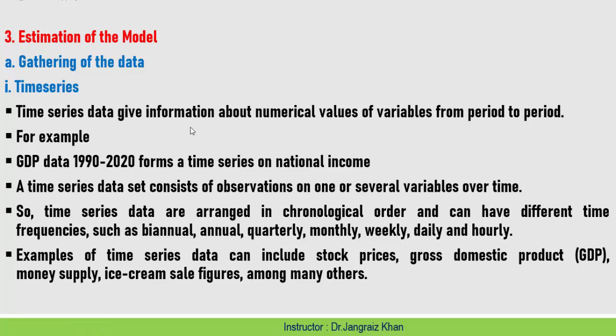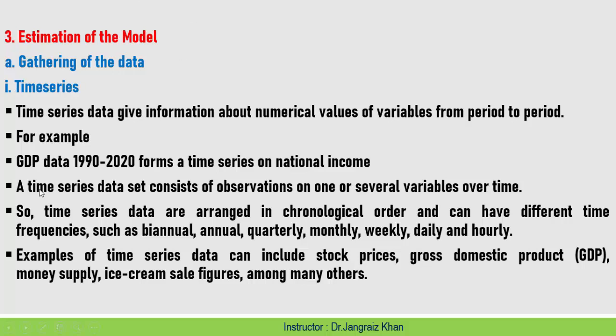For example, the first type is the time series data. The time series data give information about numerical values from period to period. This means time series data is usually period to period data. This can be monthly, quarterly, biannual, annual, daily, weekly.